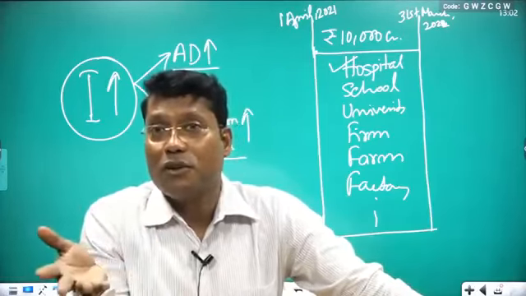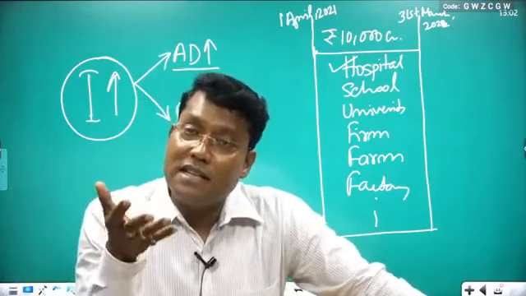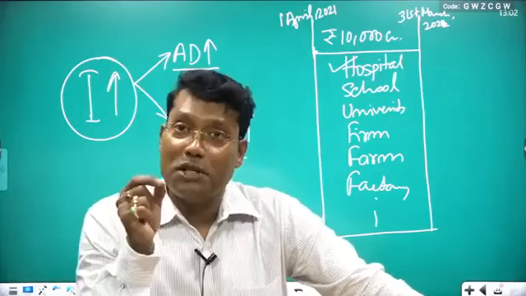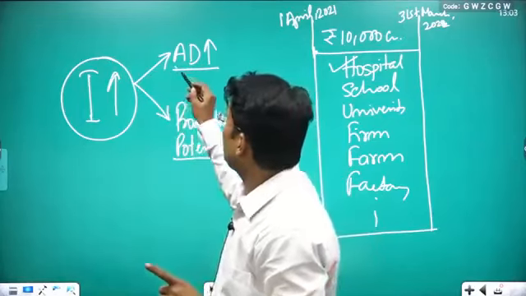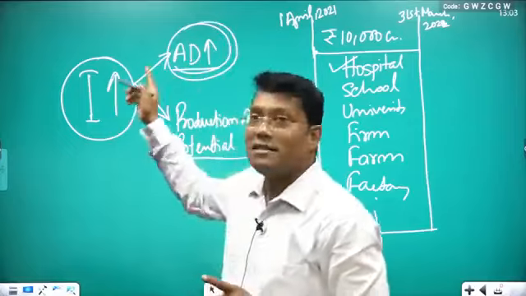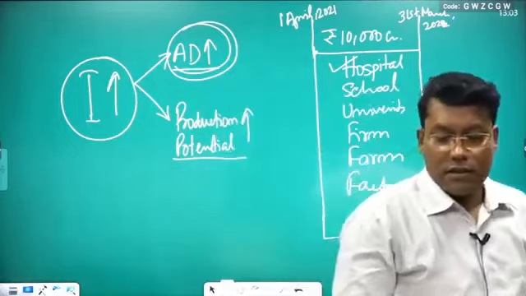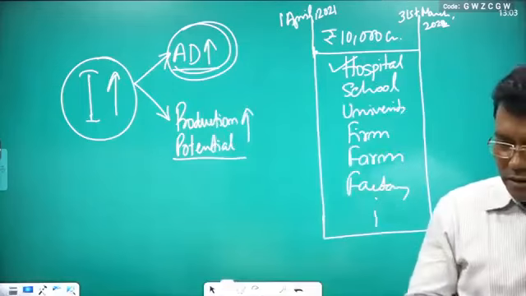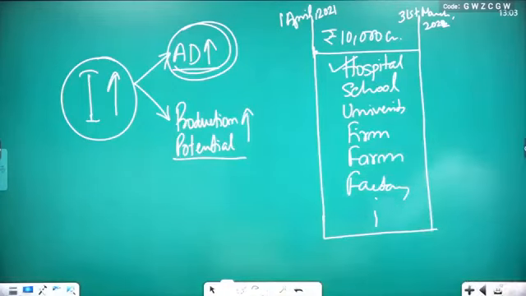Well, that was the project cost. So when you are saying that I invested 10,000 crores in the economy in this particular year, it means that much worth of aggregate demand is going to increase in the country. That is the reason I am telling you, increase in investment is going to increase the aggregate demand in the country. Clear?